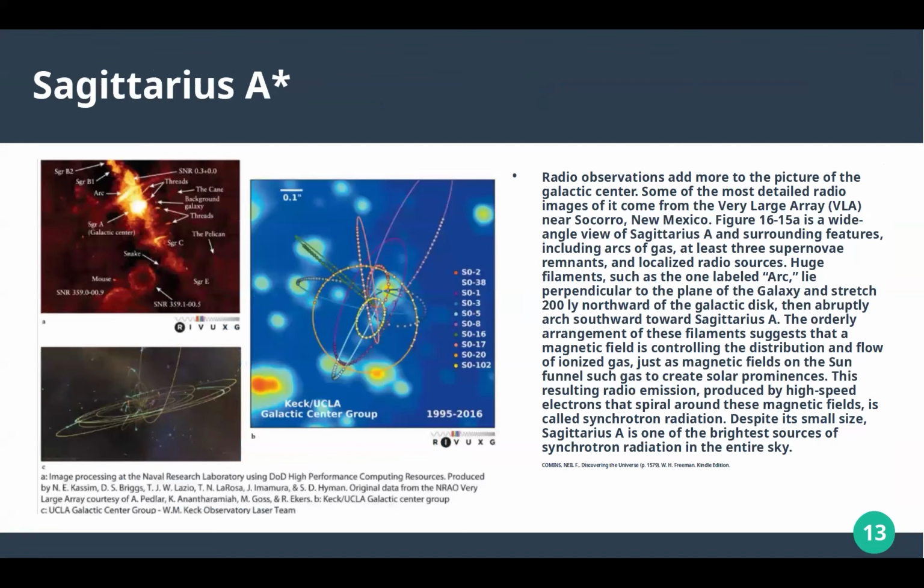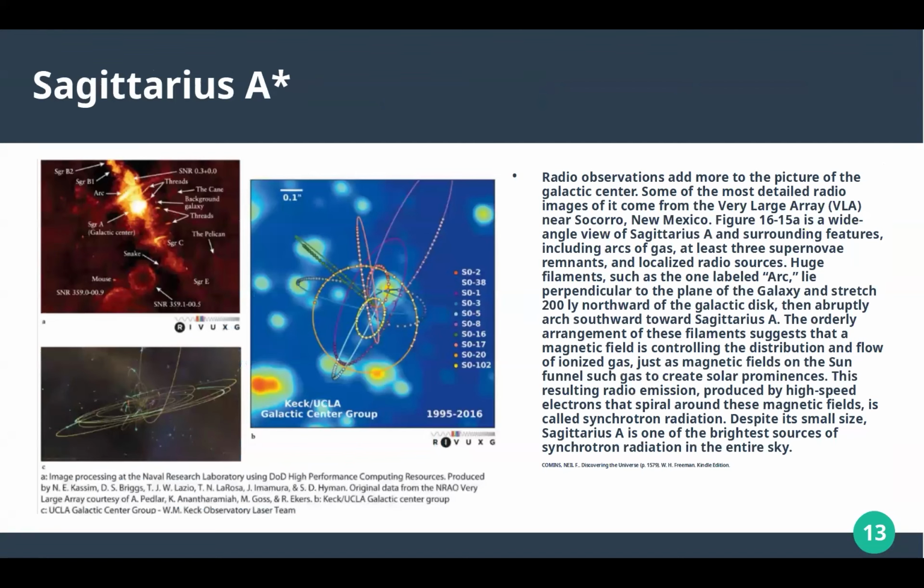Figure 16.15A is a wide-angle view of Sagittarius A and surrounding features, including arcs of gas, at least 3 supernova remnants, and localized radio sources. Huge filaments, such as the one labeled Arc, lie perpendicular to the plane of the galaxy and stretch 200 light-years northward of the galactic disk and abruptly arch southward towards Sagittarius A. The orderly arrangement of these filaments suggests that a magnetic field is controlling the distribution and flow of ionized gas, just as magnetic fields on the sun funnel such gas to create solar prominences.